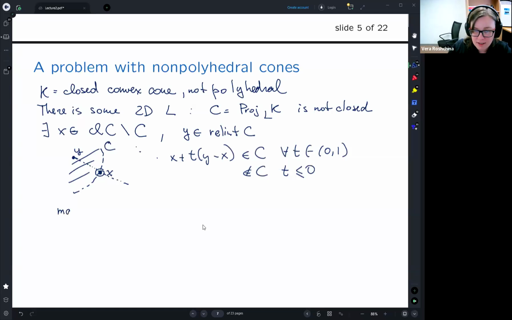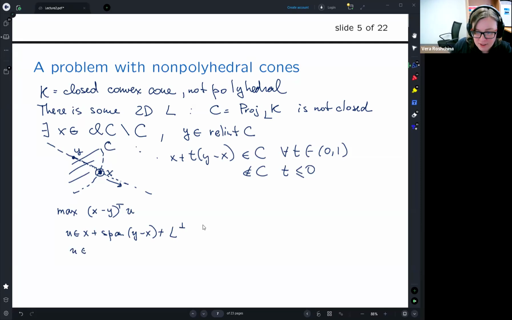So I want to maximize, say, (X minus Y) transpose some vector U. So I want to choose my objective function pointing in this direction, and I want to find the maximum. Then I will have a linear constraint: I will cut it with a linear subspace that goes through this point Y. So I will say X plus span of (Y minus X), and then I'll take the orthogonal complement of L.